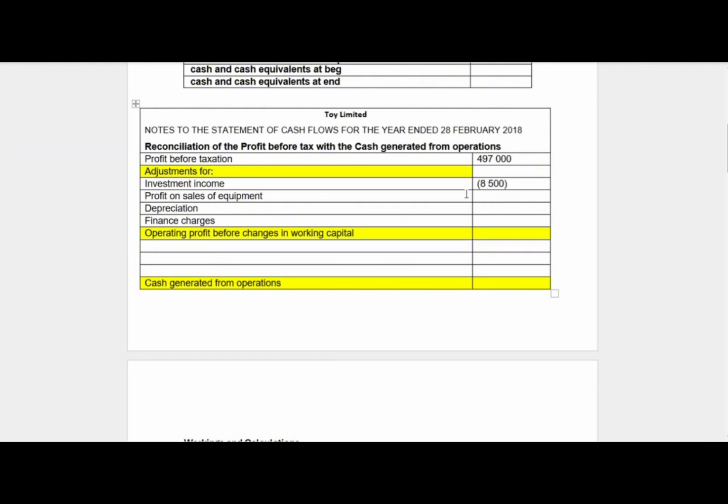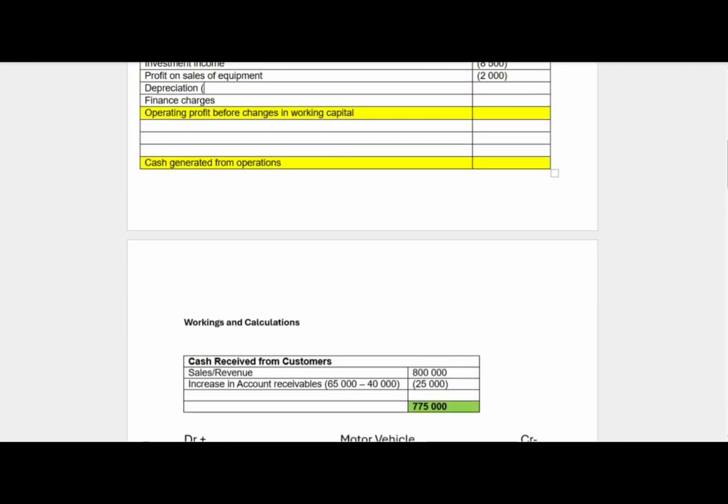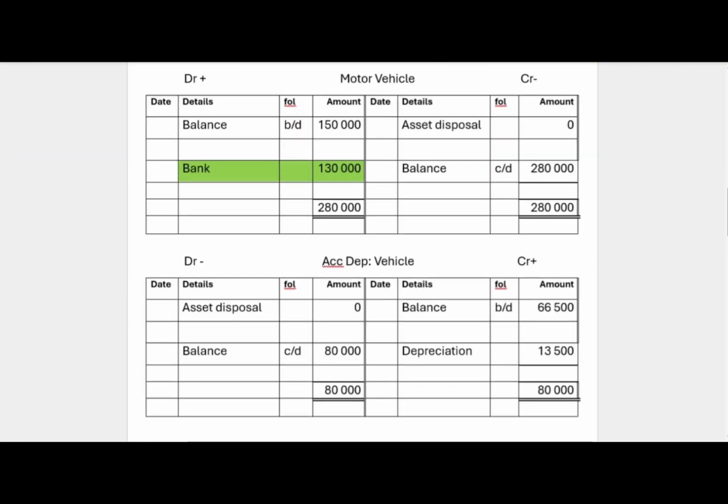And then our profit on sale is also going to be in brackets, 2,000 rand. All right. And then our depreciation, we put in brackets, we only have one, which is depreciation on vehicle of 13,500. This one.